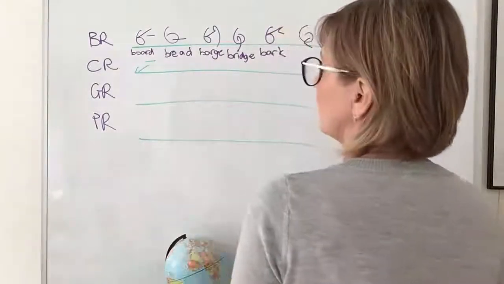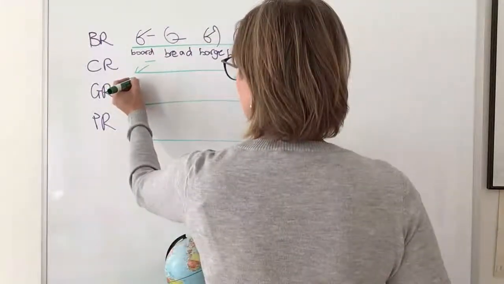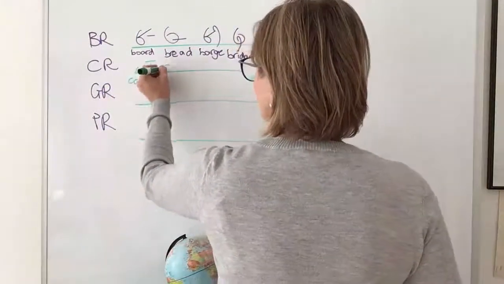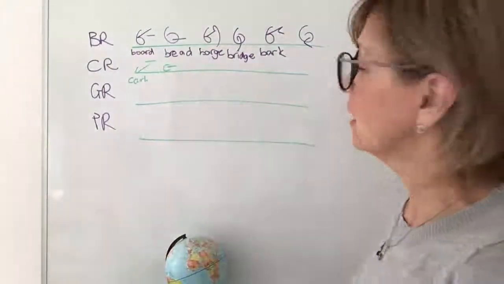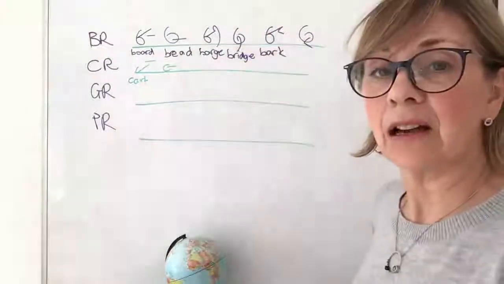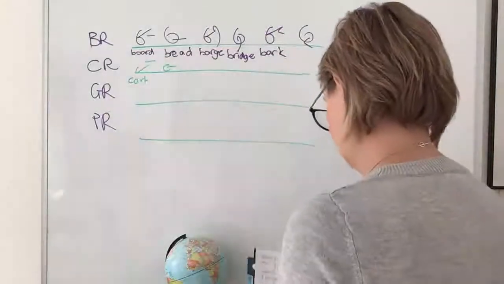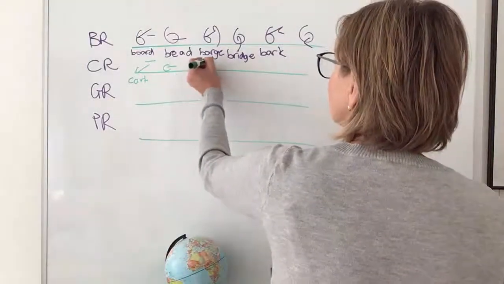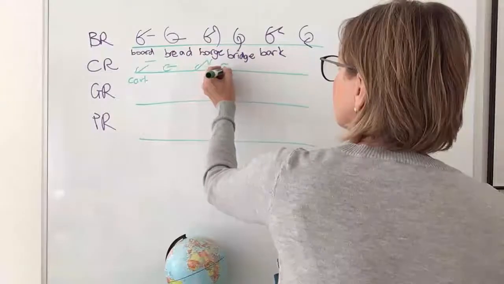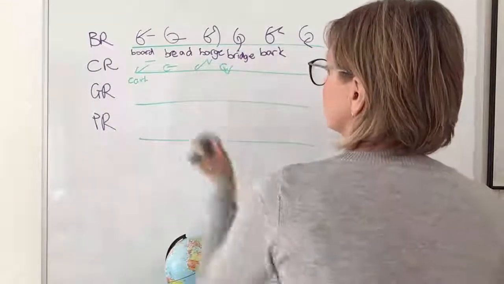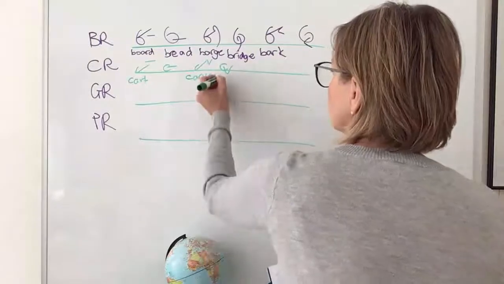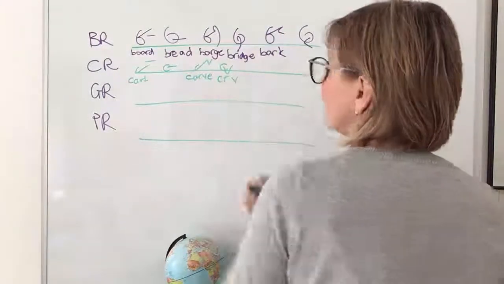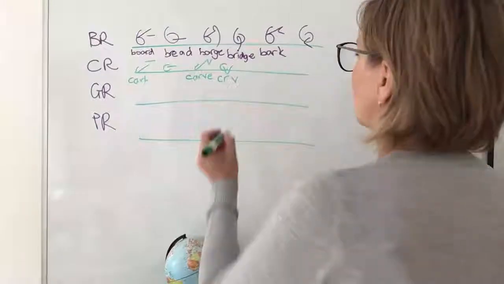Cart, because there's the vowel between the C and the R. But crate, put the T through or inside the C. Carve, but if I put the V through, you know that this is cr with a V, crave.